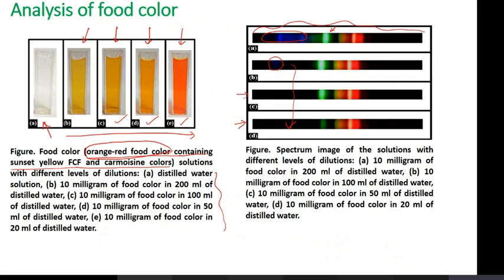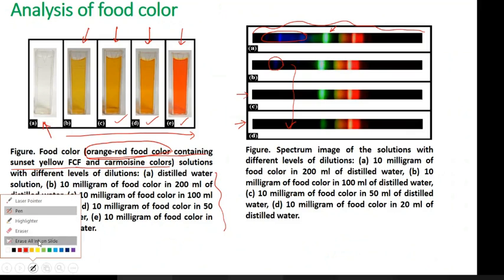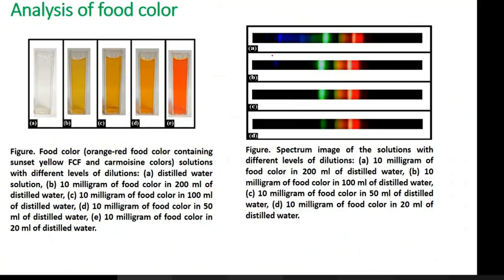Okay, now from here, how do you find out the spectrum? So what you do is, this is the image you get from the camera. Am I right? This is the image you get from the camera.